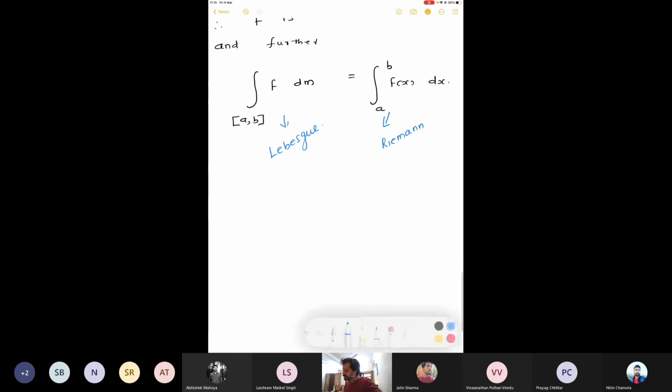Okay. The next proposition is again along similar lines, as I told you. At each stage, you should see that the integral defined satisfies linearity.